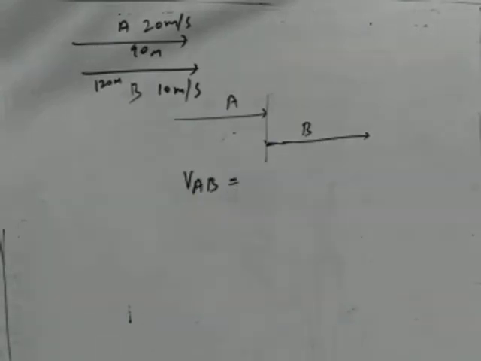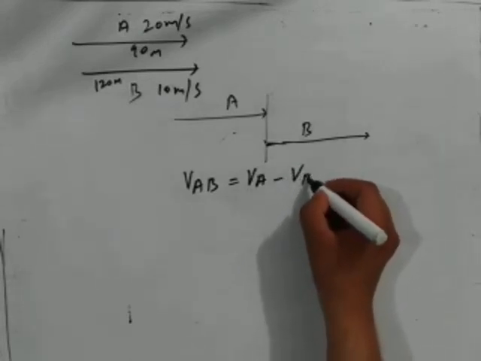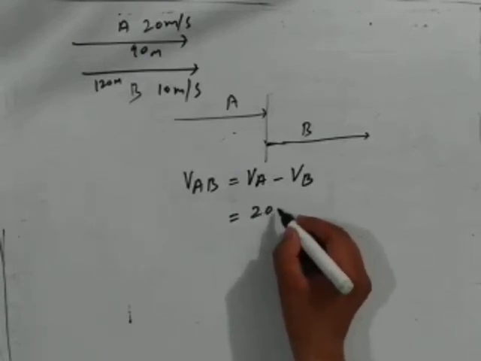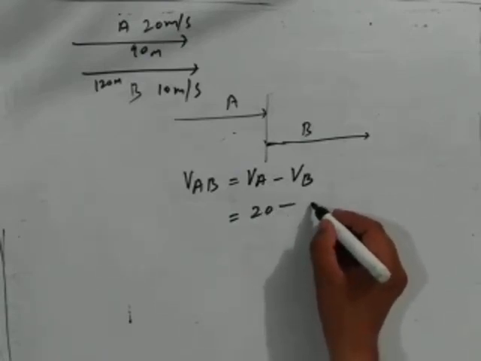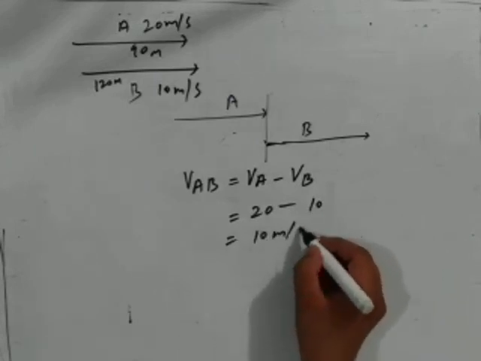Since both are moving in the same direction, we will use the same formula, VA minus VB. It will be 20 minus 10, which is 10 meter per second.